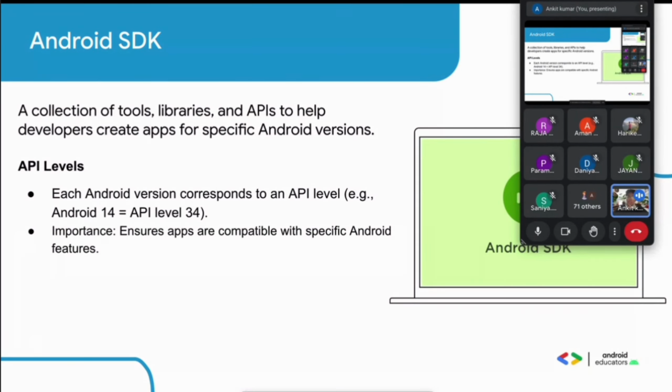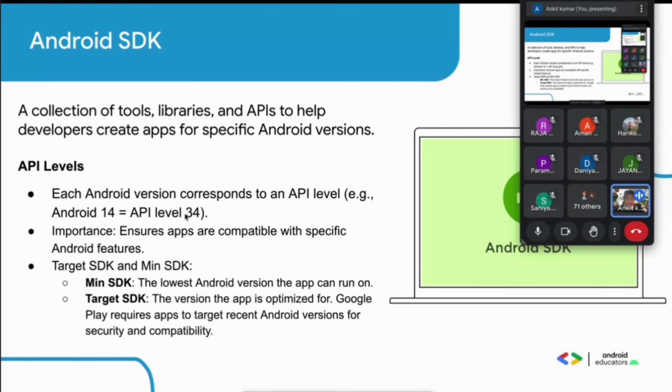The importance of the API level is this: let's say you create an application pointing to API level 34. Now if somebody has Android 15, the API level will be 35, right? But you targeted 34, so your application will not work on Android 15, because you have targeted 34.